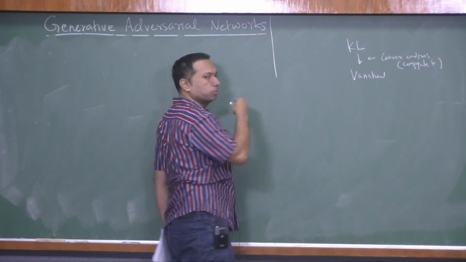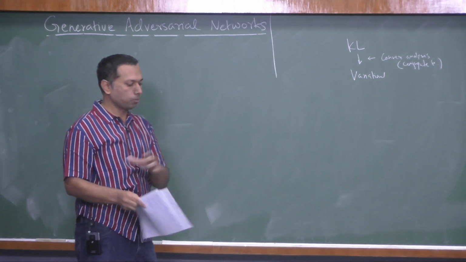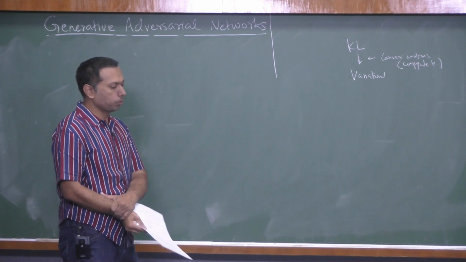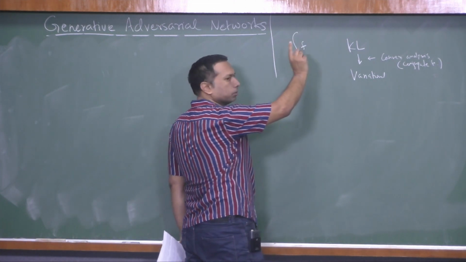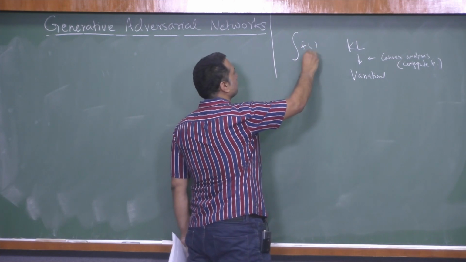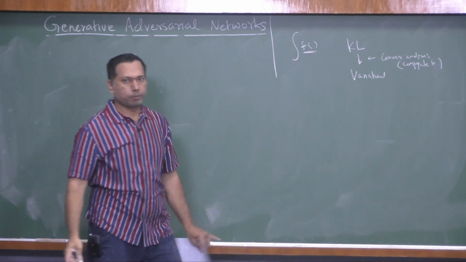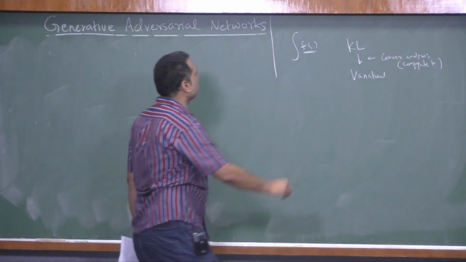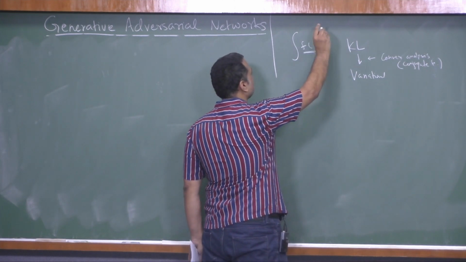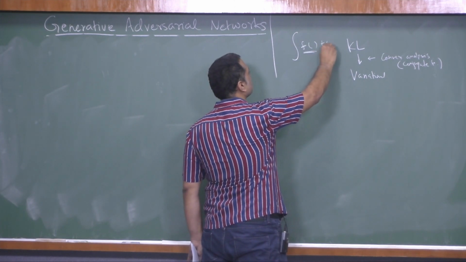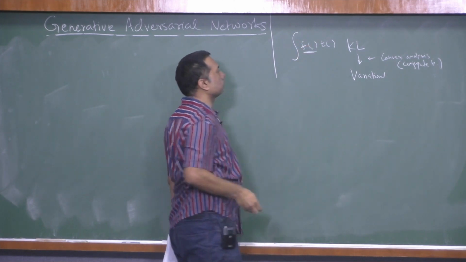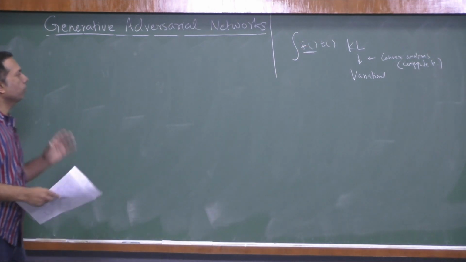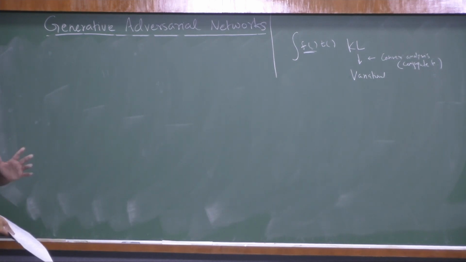I'm not saying that what I'm saying is absolutely precise, because it varies. If I'm solving a PDE, the variational approach will be done in a different way. But essentially what it means is that I'm supposed to do some complicated integration. As such, it's not tractable. But if I start using some test functions along with it, and maybe maximize over such test functions, it will give me a reasonable approximation of the integral itself.